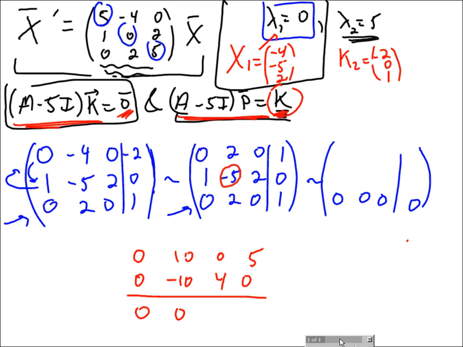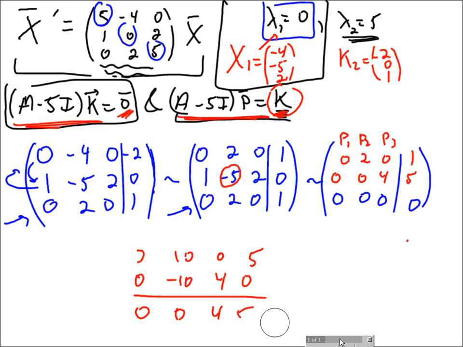And if I add, I get that. So that's going to become the new row 2, and row 1 is this. And the unknowns are P1, P2, and P3.